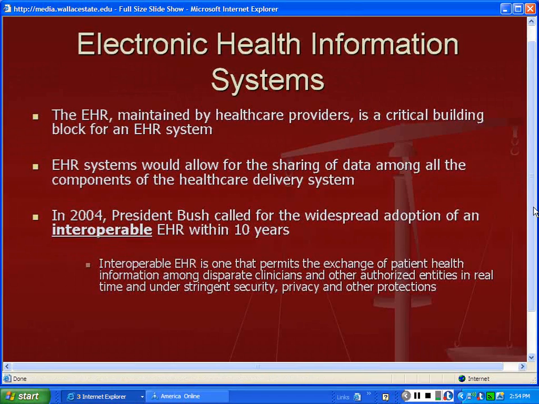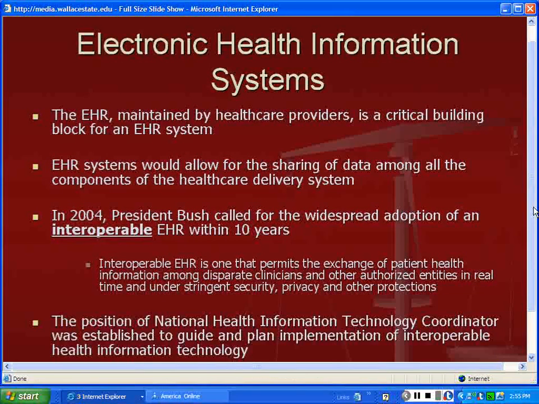Not only have an electronic health record, but one of the major reasons to have one is to be able to share the information. And when we say interoperable, it's so that the systems are compatible, so that one individual or one facility that has the information needs to share it with another, that is possible because the systems are compatible. So that's what we mean by interoperable. But also with tight security, privacy taken into consideration, and protection of any of that information that's going to be transmitted electronically.